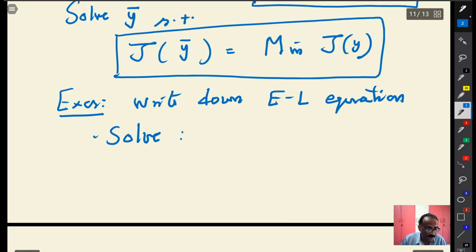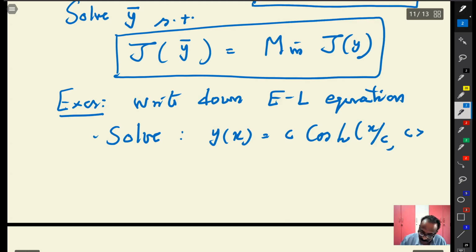And then solving, you get your y of x to be a constant times cosine hyperbolic, cosh of x over c, where c is positive. I will leave all these as exercises.